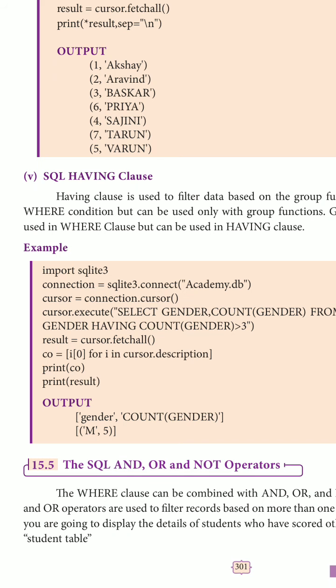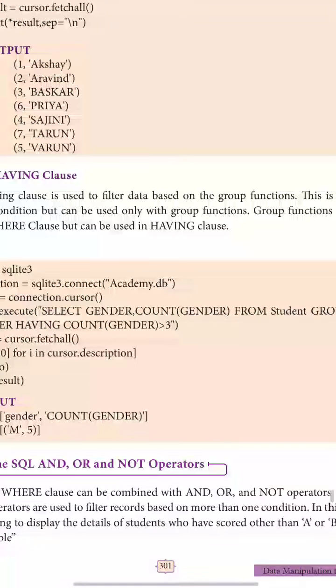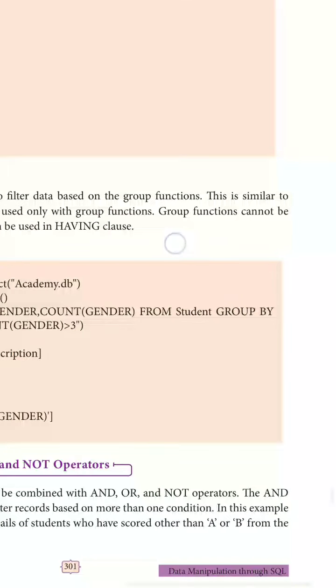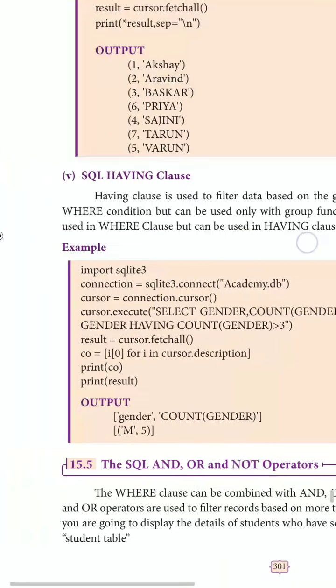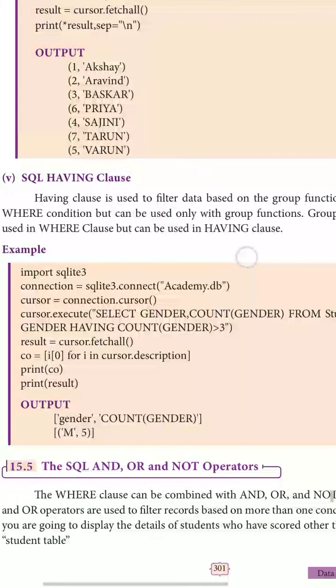So here select gender and count gender from student group by gender having count gender greater than 3. It will show only the records where the count of the gender is greater than 3.